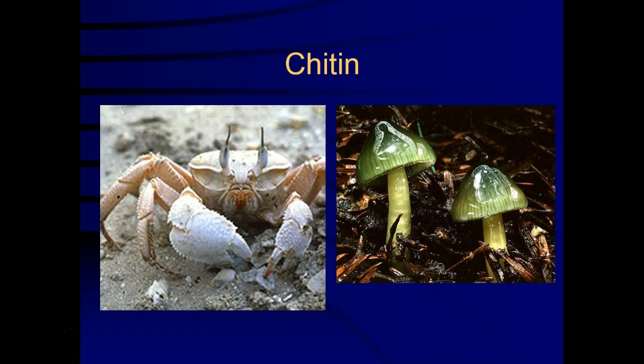The other group that you're going to find it is among the arthropods. The arthropods are things like insects and spiders and ticks and mites and granddaddy longlegs and scorpions. Things like crustaceans.